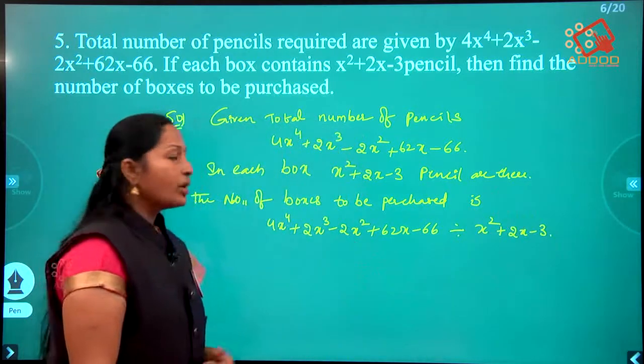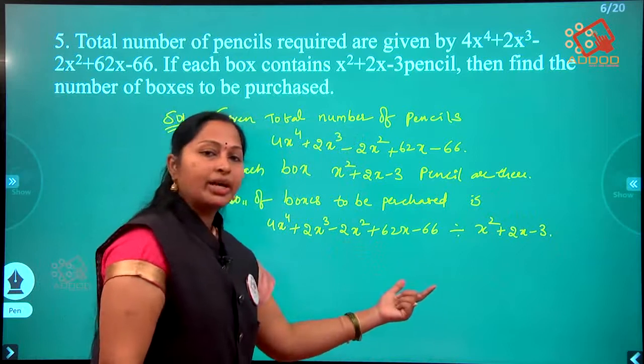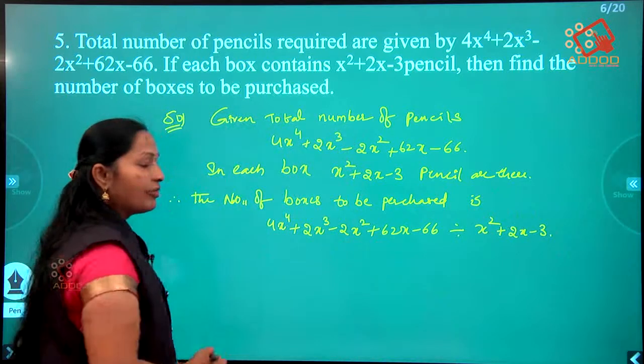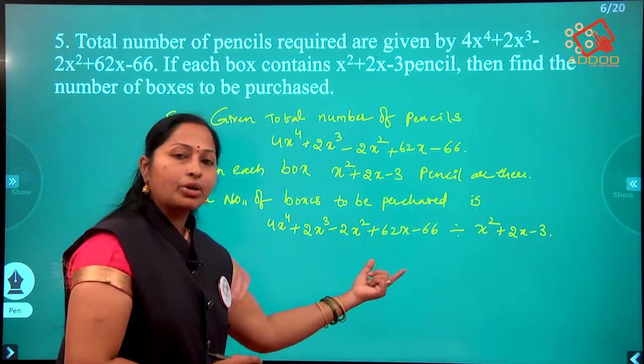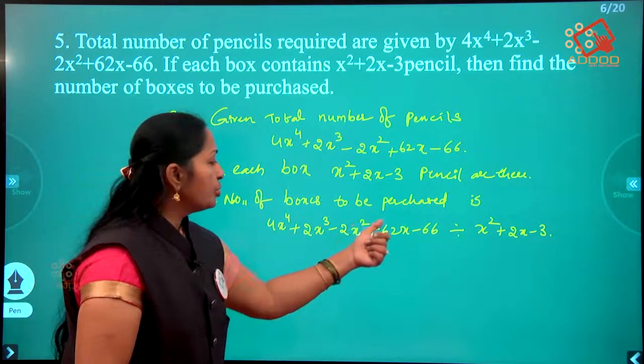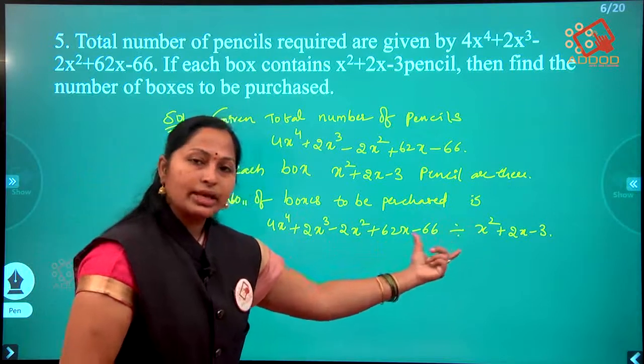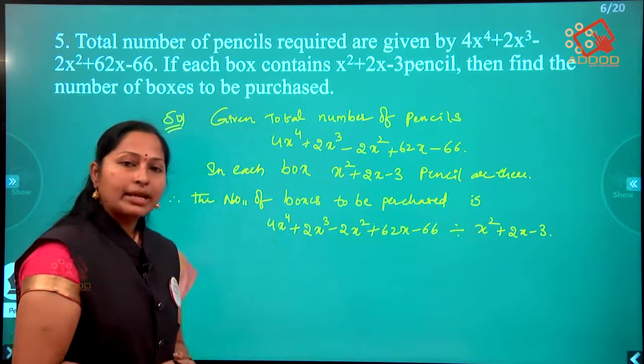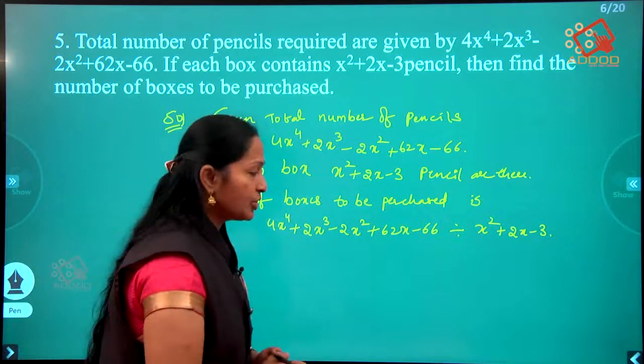Okay students, now in the very next step we are going to divide this. First check whether the given polynomials are in standard form or not. 4, 3, 2, 1, 0 and 2, 1, 0. Yes, the given polynomials are in standard form. So I am going to start the division.